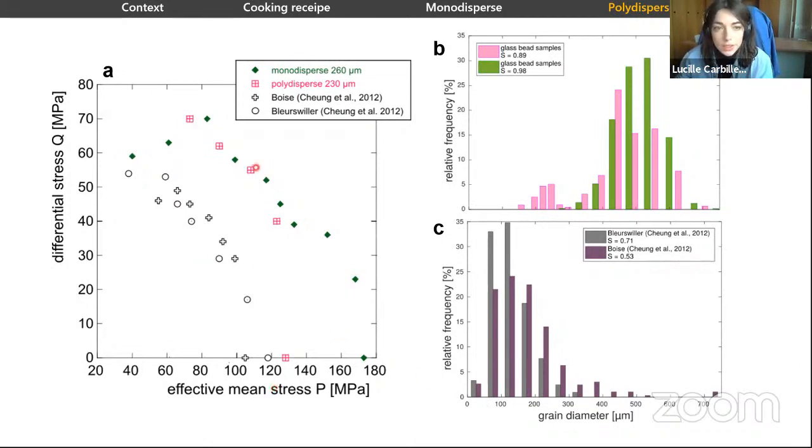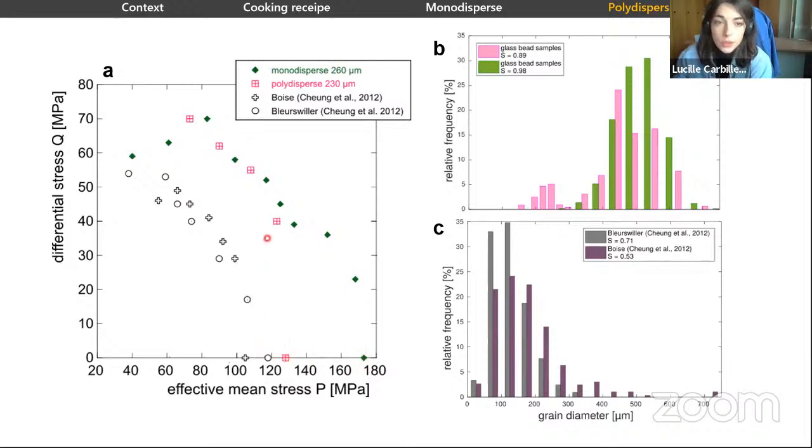But what's really interesting here is that we don't really see a difference in strength under triaxial condition, but when we deformed the samples under hydrostatic conditions, we see that there is actually a big difference in the stress required to reach grain crushing, so the P star.